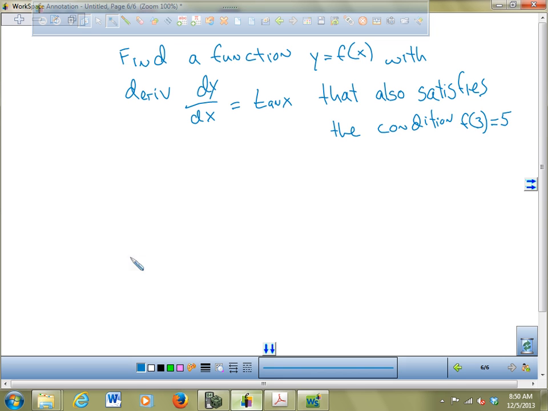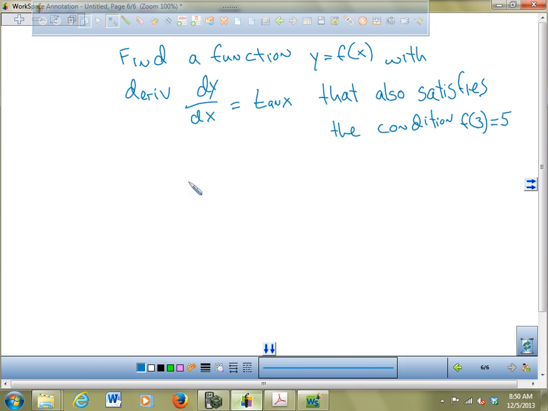So, let's first worry about this thing. What is a function whose derivative is tangent of x? We don't know one specifically, but we could cheat. Because I know an integral whose derivative is tangent of x.